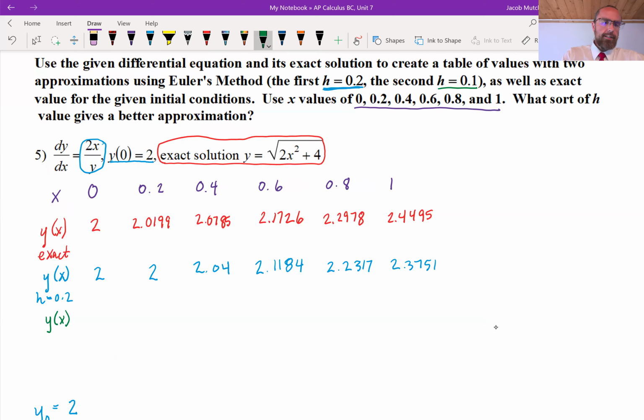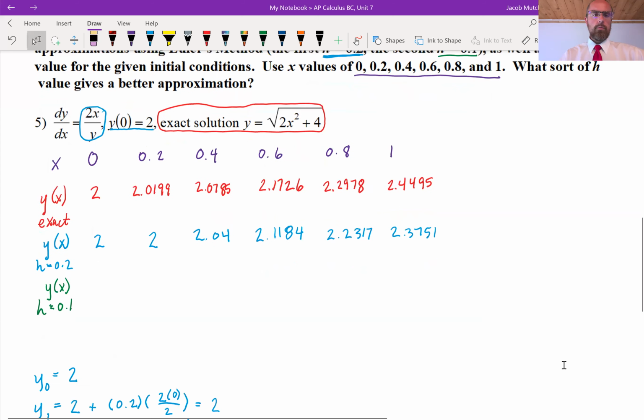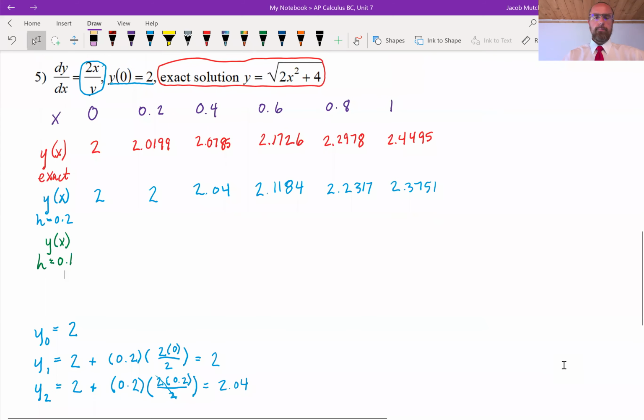So we'll write that here. And again, we'll use our first couple values just to set our pattern. And then again, we'll head over to the calculator to complete the process. But let's set up here. So again, y sub 0 is going to be the same in each case. That's 2. So I'll put that there, 2.